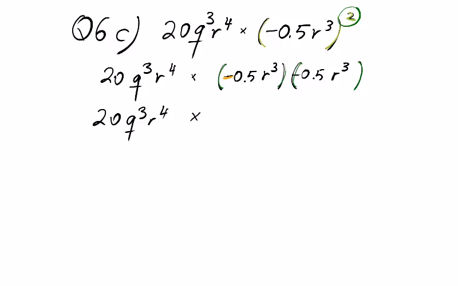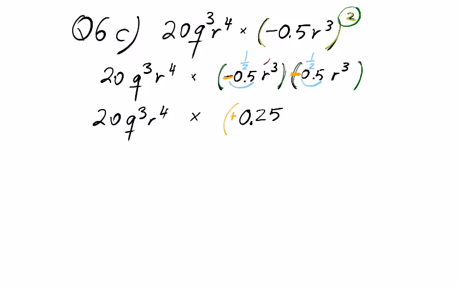So we have negative times negative, which will be positive. We don't even need to write the positive, but we can leave it there if we want. Then we have 0.5 times 0.5. Well, 0.5 we know is a half. We can use the calculator, but let's try to do it in our heads. Half times a half, or half of a half, is a quarter. So we could write a quarter or 0.25, or use a calculator.